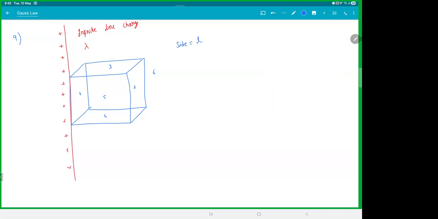Remember, there's only one concept I taught you. If the charge is inside, flux is q by epsilon. If the charge is outside, flux is 0. Bus. This is the only thing that you learned. All we are playing is symmetries. Give it a try.